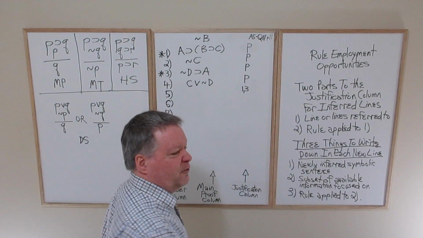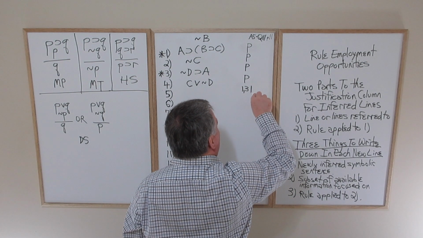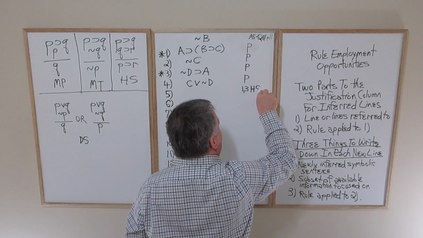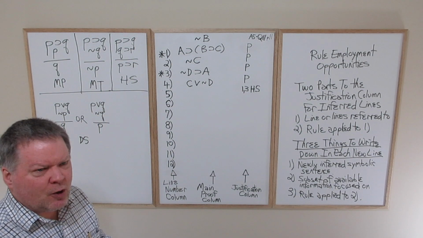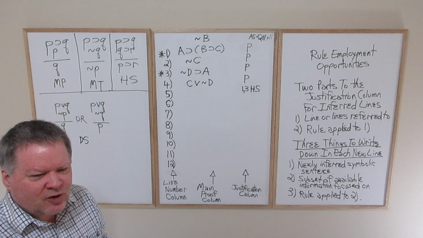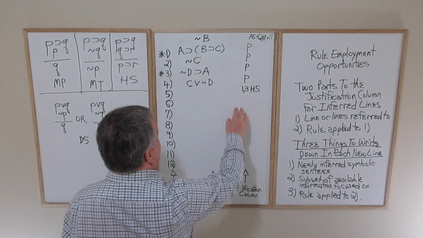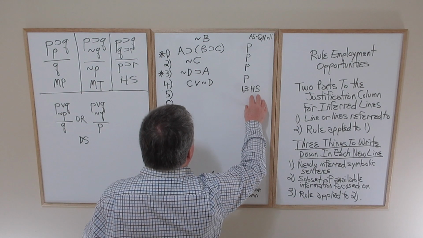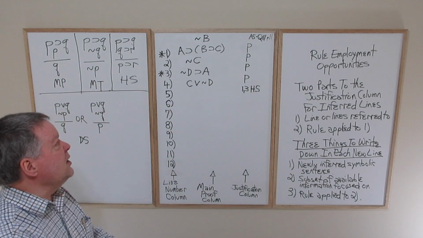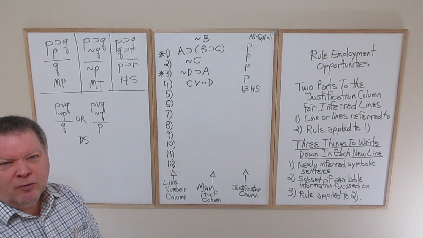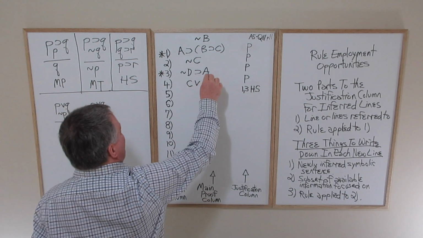An instance of a phenomenon that, as far as I know, it's impossible to get rid of. And this is that even though you know exactly what you're doing, you might, as I did here, write down disjunctive syllogism, when obviously with lines 1 and 3, the rule that we're entitled to employ is hypothetical syllogism.